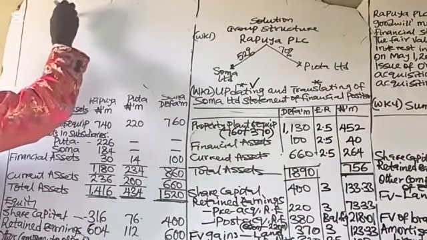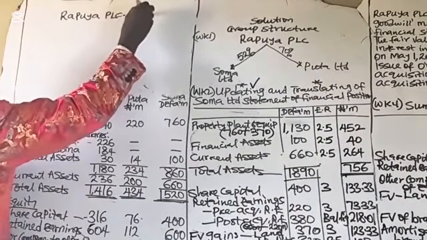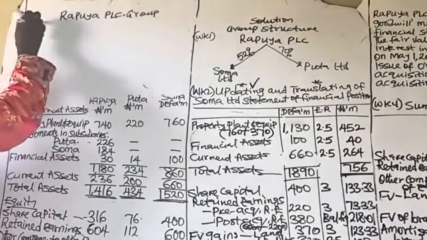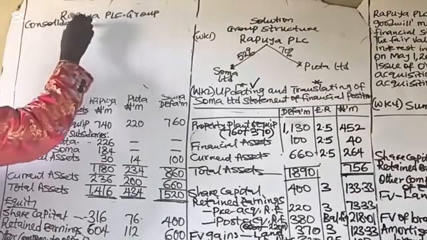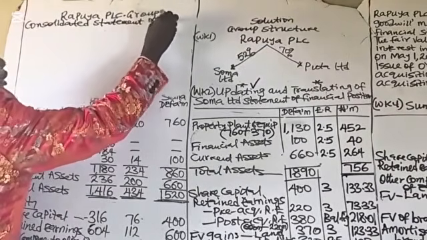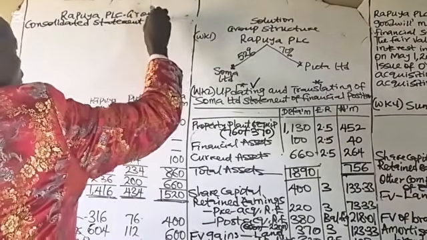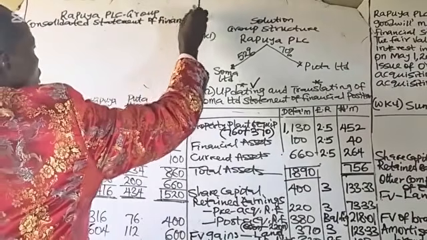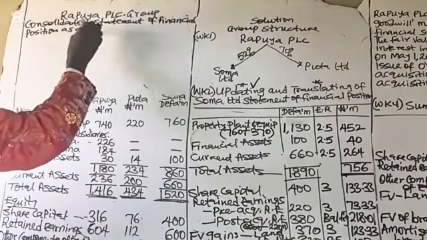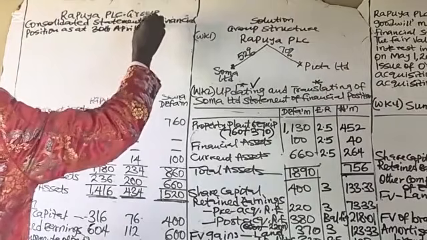So we can have Rapuya PLC Group consolidated statement of financial position as at 30th of April 2017.